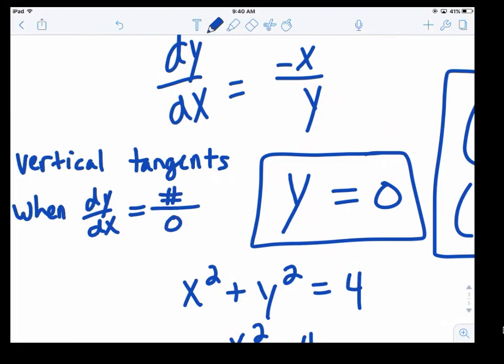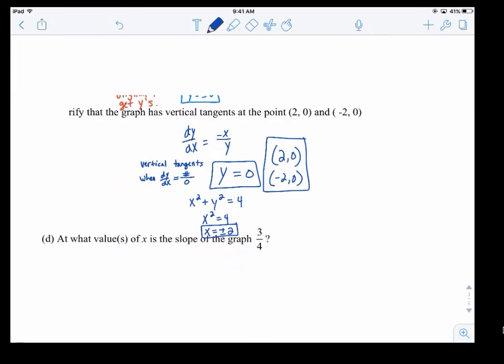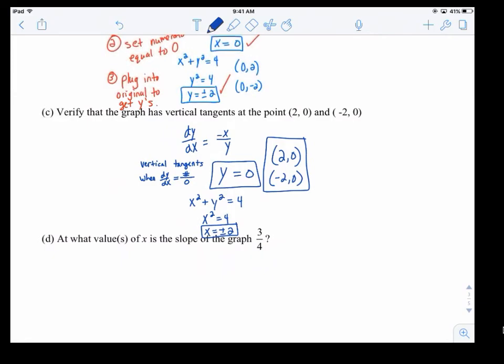So you want to set the denominator part equal to 0. Since we only have a single term, we don't have a lot of work to do. If you had a longer one, you would be getting all of it.